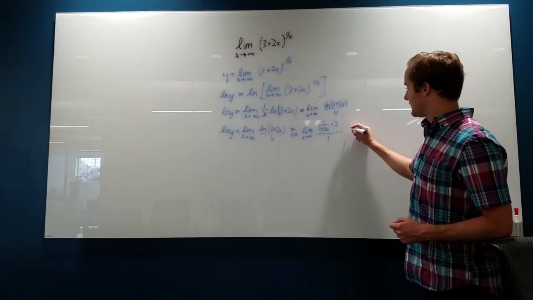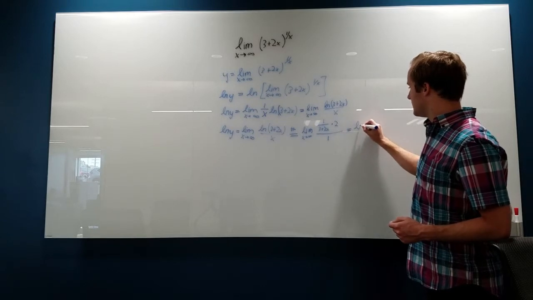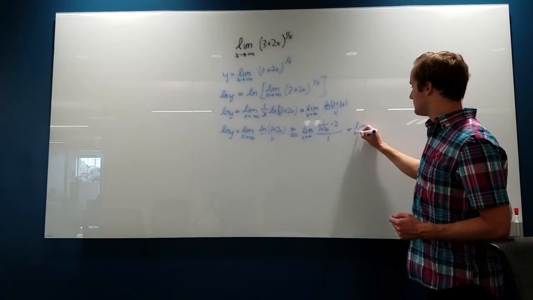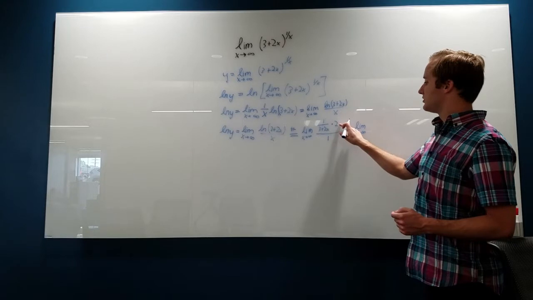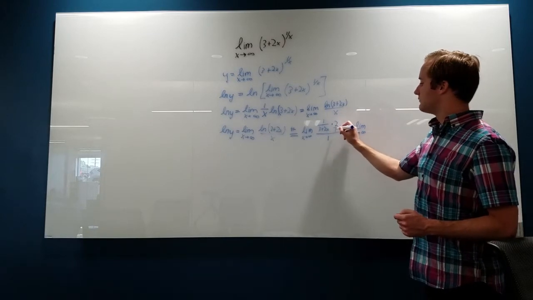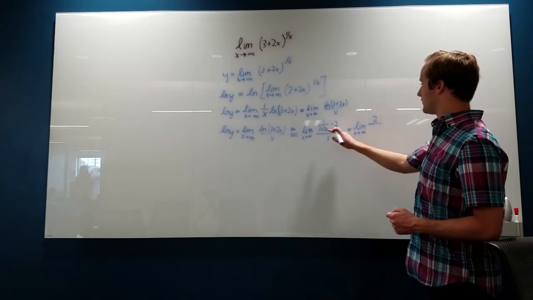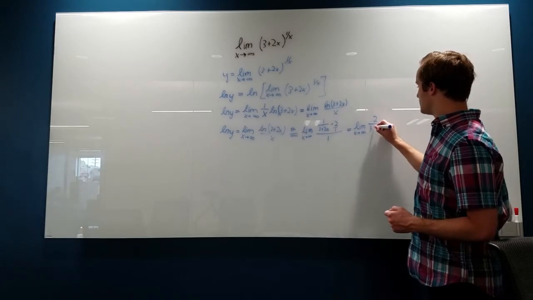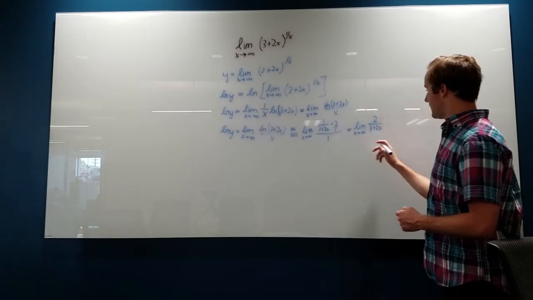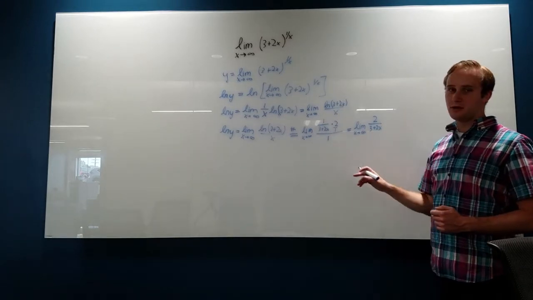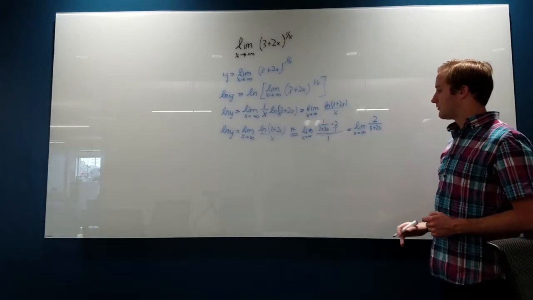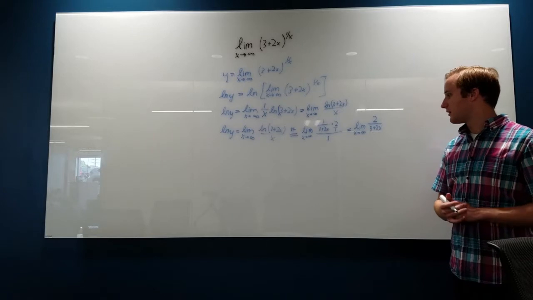And now we can simplify this expression down to the limit as x approaches infinity of 2 over 3 plus 2x. We can combine these two fractions, and this is all still over 1, but I'll go ahead and not write that divided by 1.